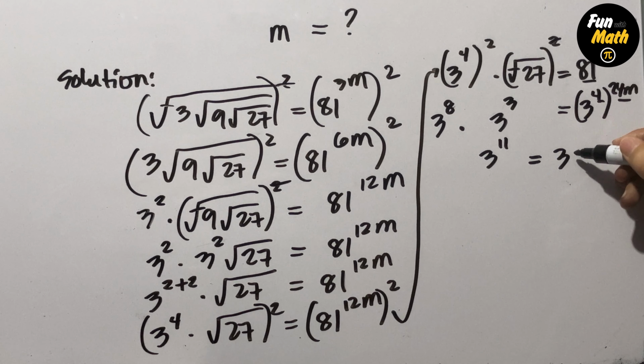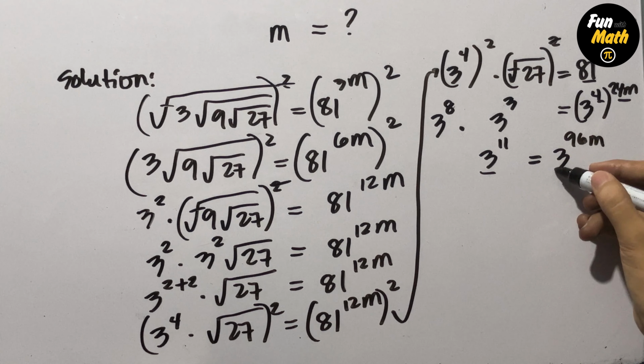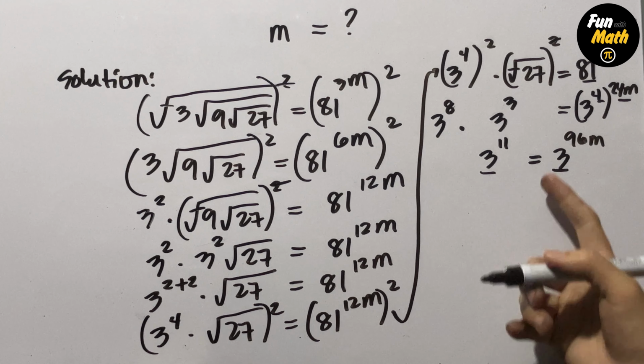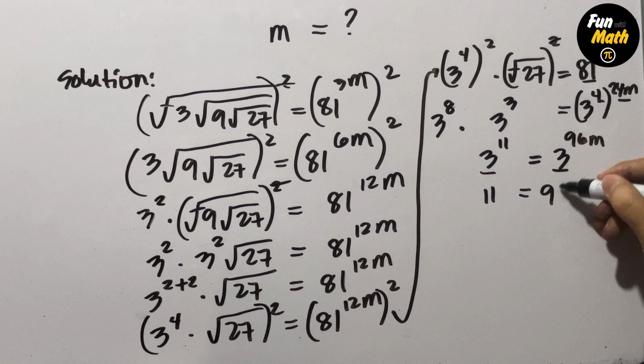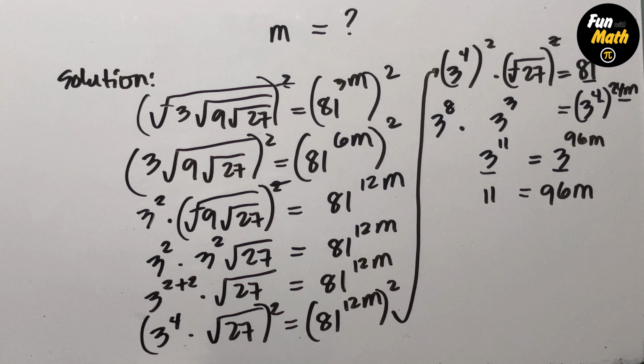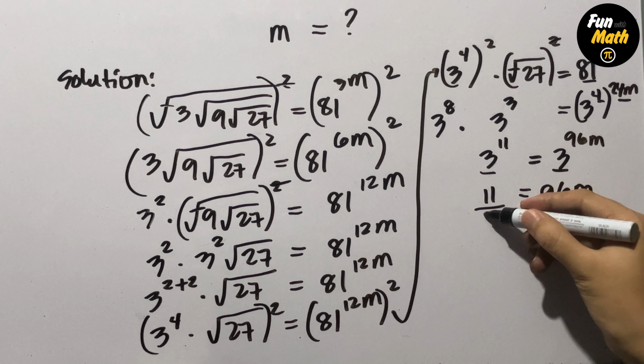So 3 to the power of 96m. Now that we have the same base, 3 and 3, that means we can equate the power, and that is 11 equals 96m. And then we can divide both sides by 96.